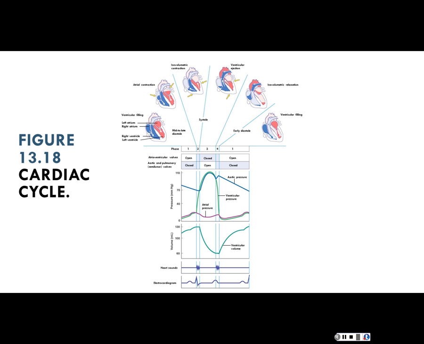The pressure will also change in the ventricles. In this line, the green plot is the ventricular pressure. So during the P wave, the ventricular pressure should be low because we're still adding blood to it. And then we squeeze on that volume of blood so the pressure goes up significantly, enough to open up our valves to let the blood go out.